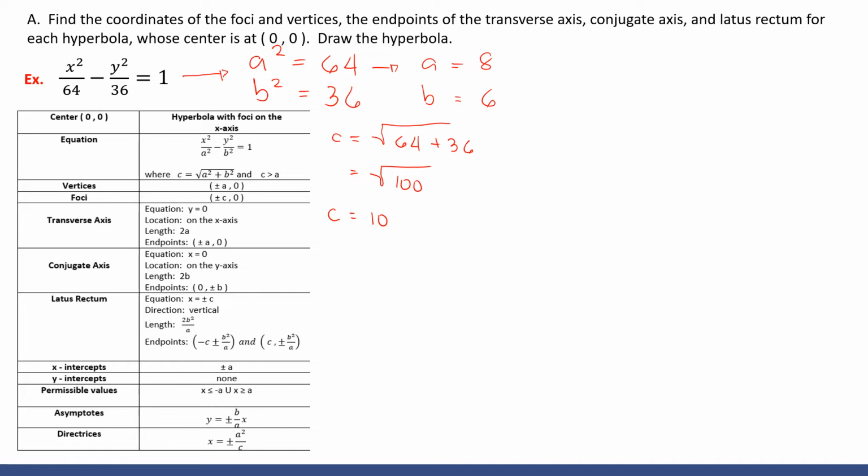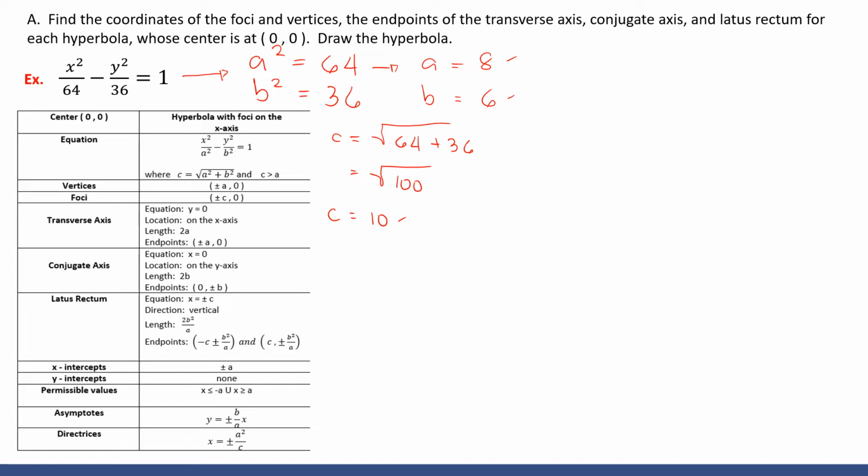So we now have a, b, and c. In this problem, it is important that you identify the values of a, b, and c, because if you look at the pattern, we are always talking about the values of these three.